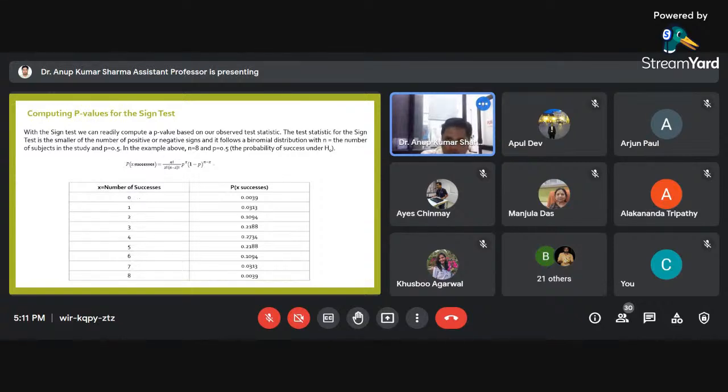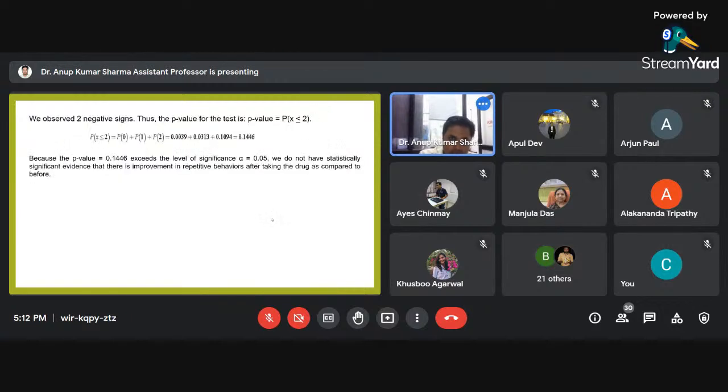Out of these, there are only two positive signs, so we get the probability, and in this case it is more than 0.05. When the p score is greater than the level of significance, the null hypothesis is not rejected. There is no difference; the treatment does not change anything. Same result. This is the calculation part, which we have done, but due to limited time.